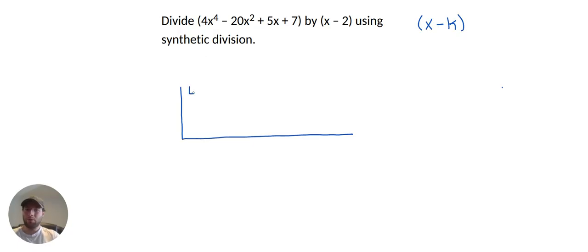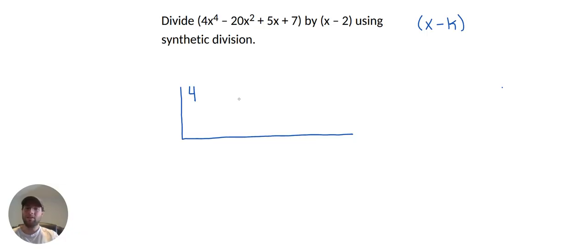So we have a 4, and then, well, we got to be careful here because let's notice that we have a degree 4 polynomial. And so when we're writing the coefficients inside here, we want to make sure that we include a coefficient for all terms that have a degree less than or equal to 4.